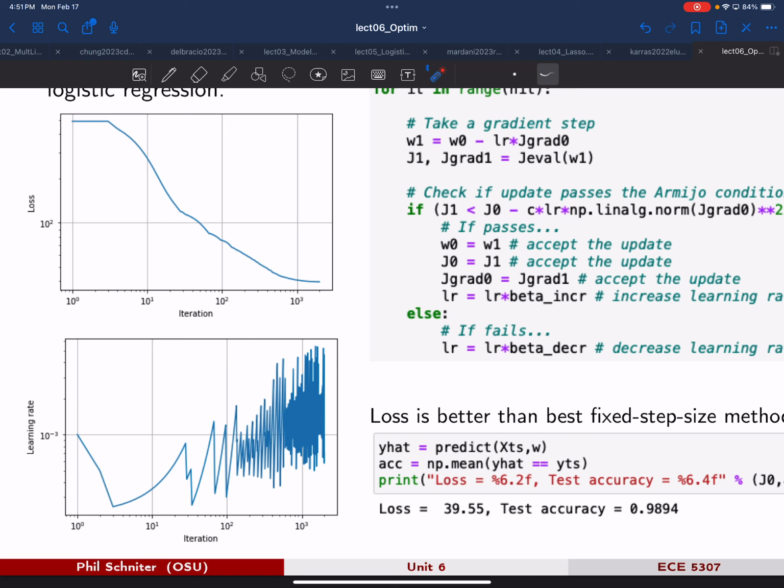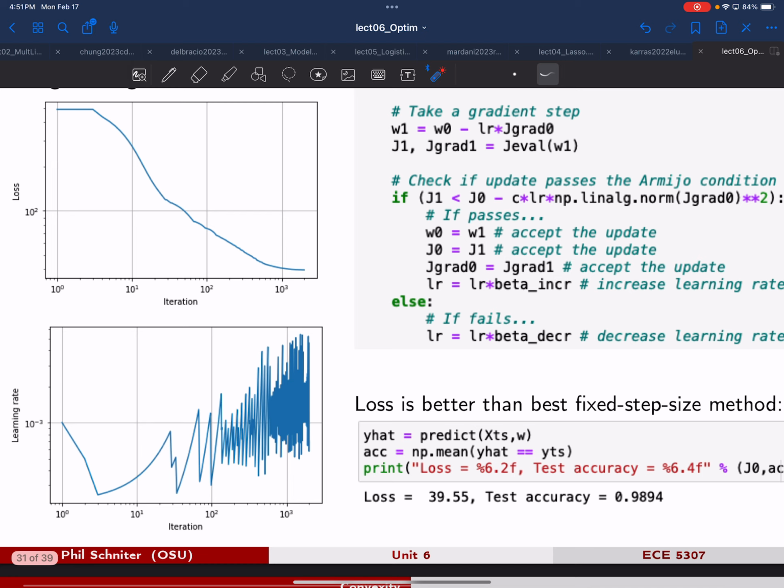And simultaneously, the algorithm's like, well, maybe I can be a little bit more aggressive. So for this, I think I set it up to use 1.1 as the increase factor. So it's just gradually increasing it. And you can see it's actually getting away with a lot of these increases all the way until iteration 25 or so. So from iteration 3 to iteration 25, it was successful.